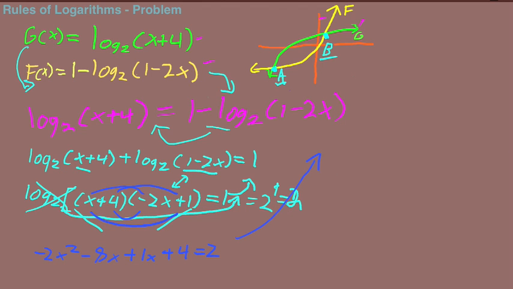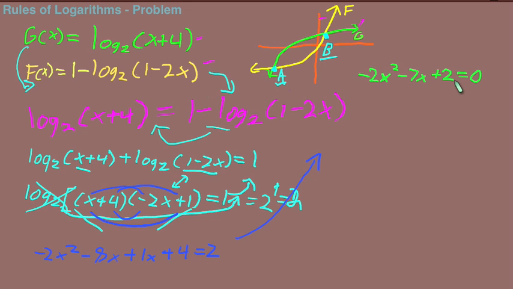Shoot that up to the corner where I have some room. And this is negative 2x squared minus 7x plus 2 equals 0. That's after I combine all the terms.